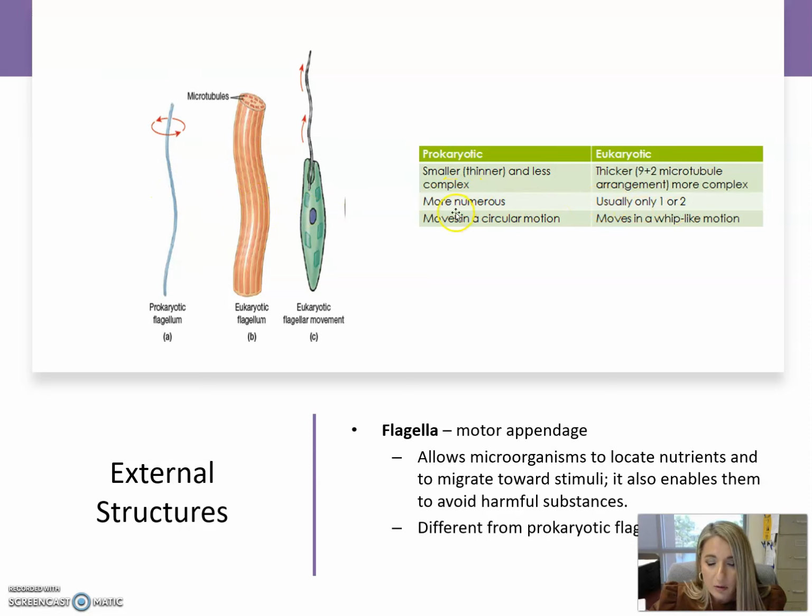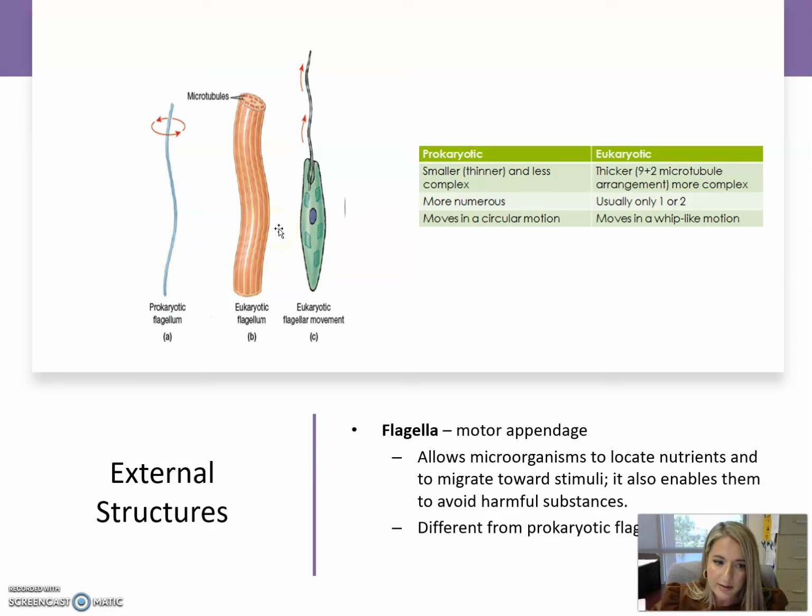And then quantity is different. Prokaryotic cells can have just one flagellum, and that would be considered a monotrichous flagella arrangement. But more often than not, they have numerous flagella, hundreds, potentially even thousands. So they typically have a higher quantity of flagella as compared to eukaryotic cells.